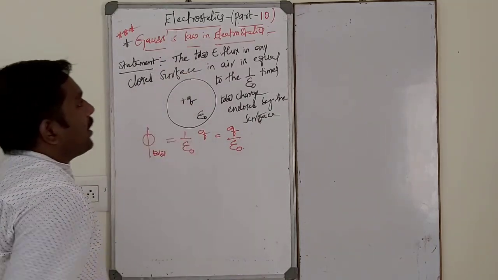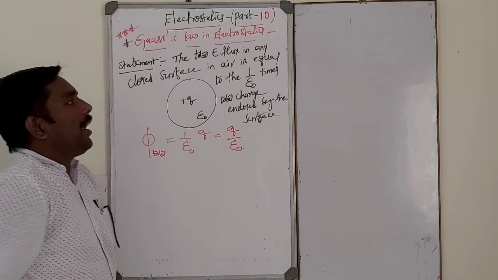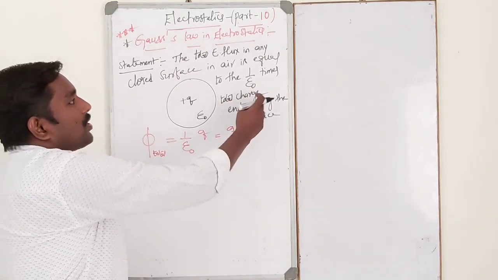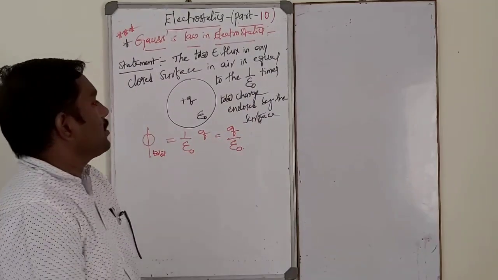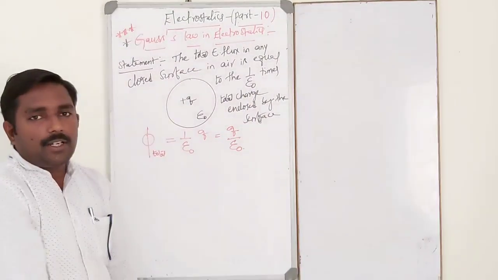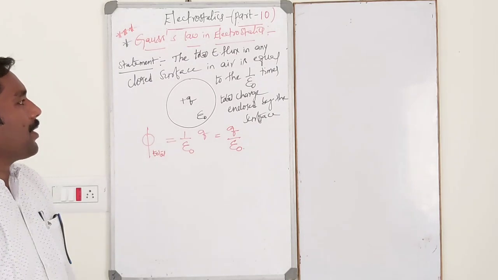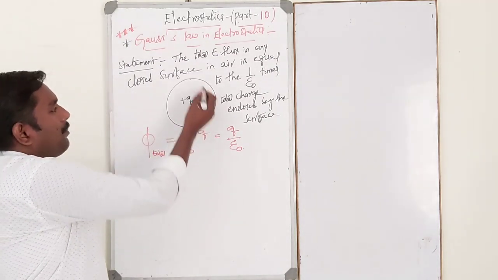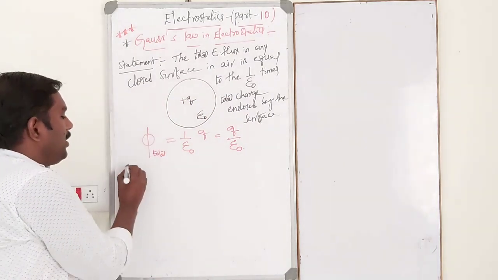The total electric flux in any closed surface in air or vacuum is equal to 1 by epsilon naught times the total charge enclosed by the surface. That is the statement, very most important. Okay, some explanation.